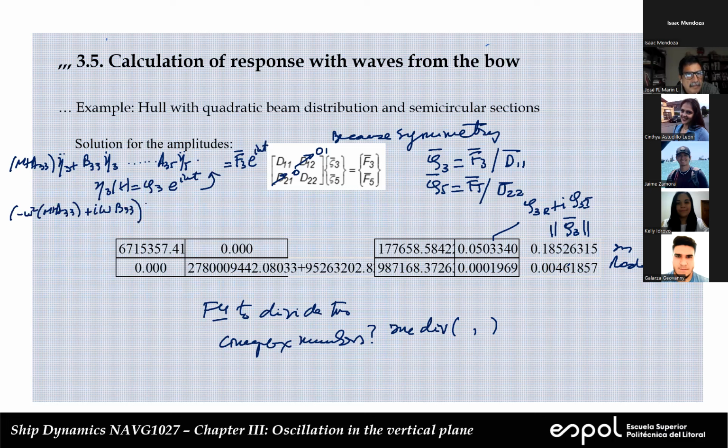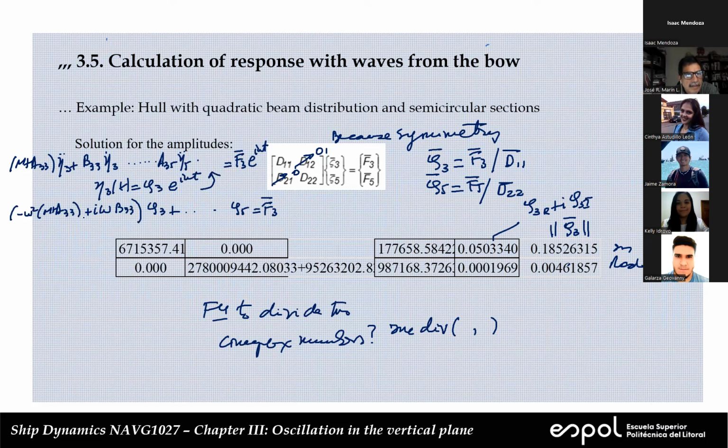And all of this is multiplied by zeta 3. And then we multiply by zeta 5. And on the right-hand side, I have F3. Because in each term we have this e to the i omega t, so we can cancel. And this is what we have here.